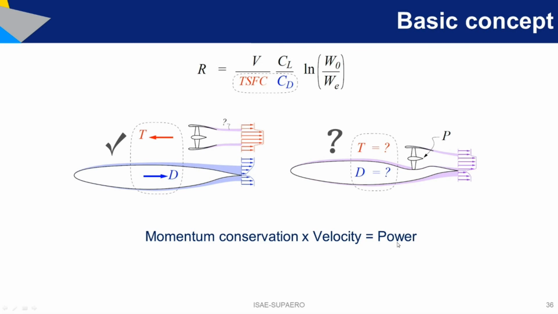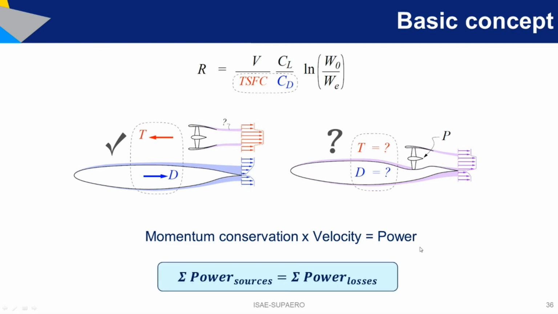So instead of talking about thrust and drag, which are forces, we now talk about power: the power that is dissipated in the boundary layer, the power that is injected into the flow by the engine, and so on. So we change the reference frame from force to power, and that changes everything.